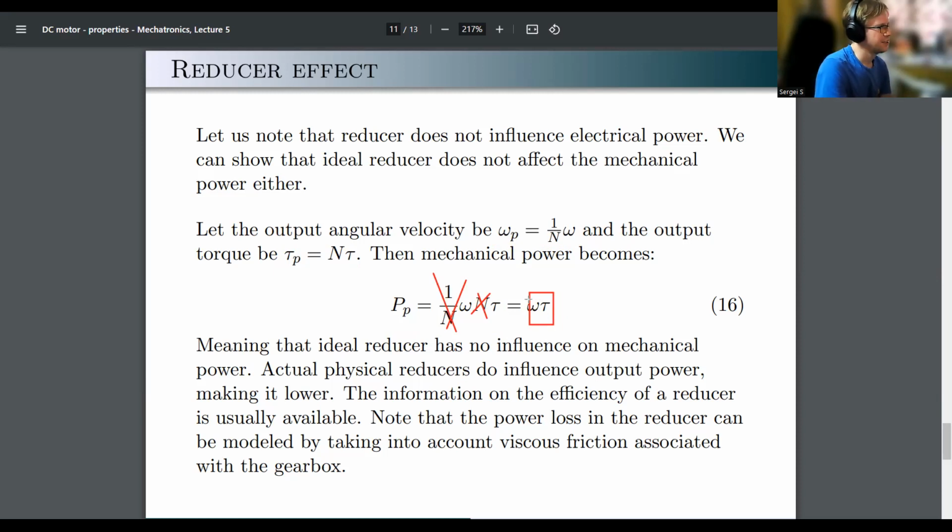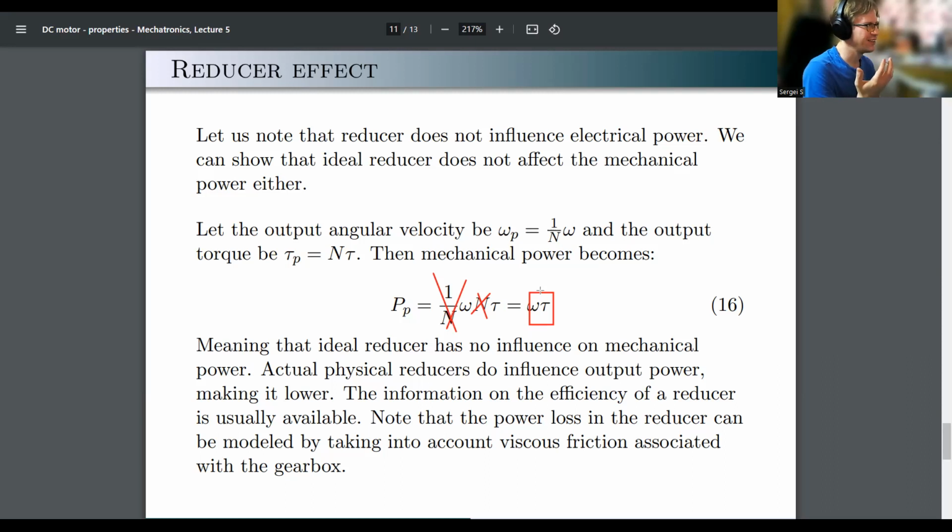Okay, so this is the idea of an ideal reducer. It does not change the power flow. It changes velocity and changes torque, but does not change power. Of course, actual physical reducers do change power, always making it lower. This is a classical aspect of mechanics, which was recognized all the way back in Greece.